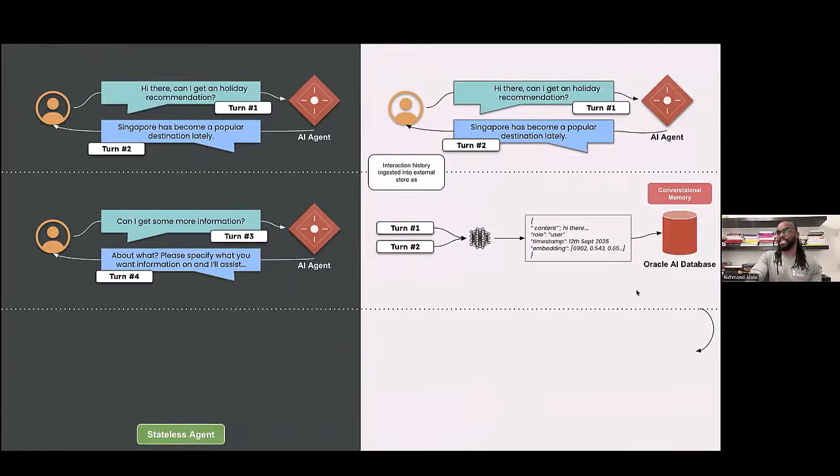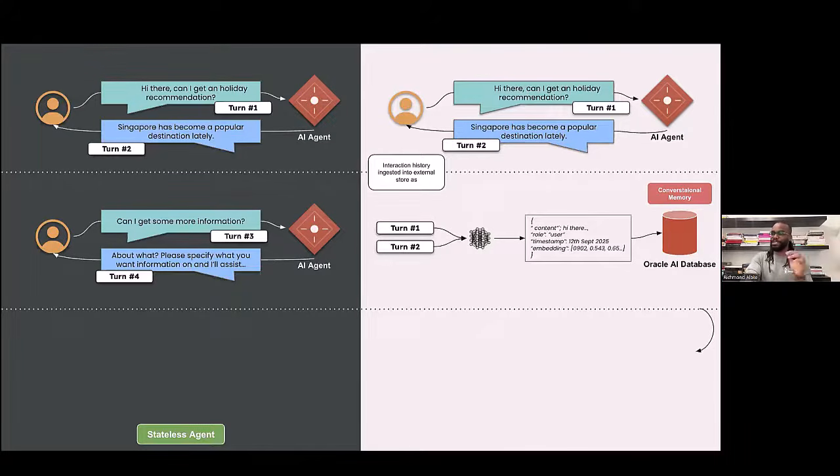But those interactions are stored in a database, not in an LLM, sorry. We can store that as conversational memory. And here you can see an embedding model, because you can store an embedding with it as well, even to do semantic retrieval against conversational memory, which might not be what you want to do.